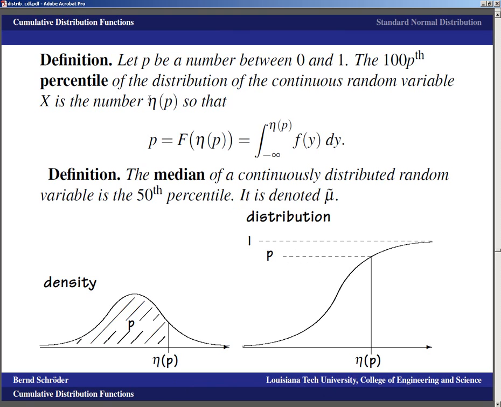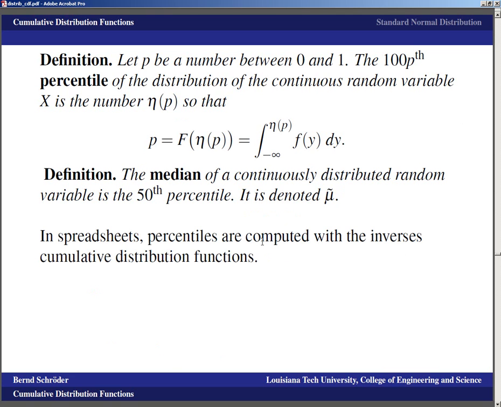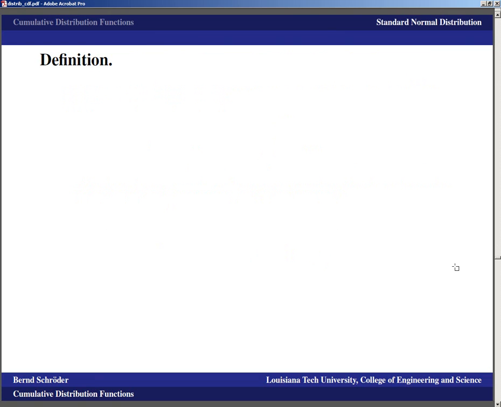So basically this mapping, this function eta, is essentially the inverse function of the distribution function here. So in spreadsheets, percentiles are computed with the inverse cumulative distribution functions, and that is because that's what the percentile is in mathematical terms, right? If a function undoes another function, then these two functions are inverses of each other.